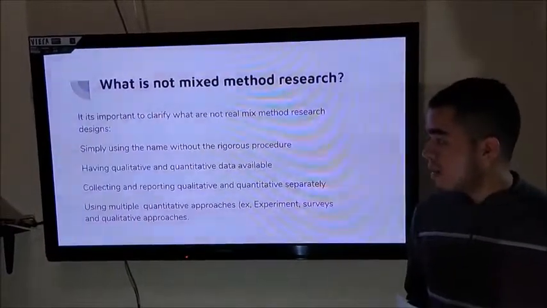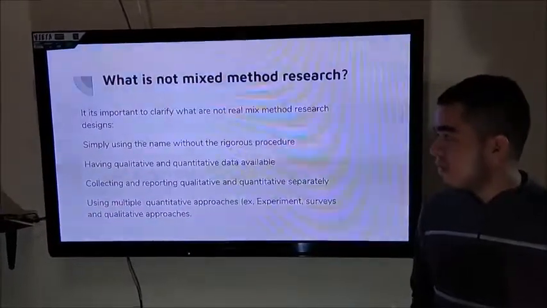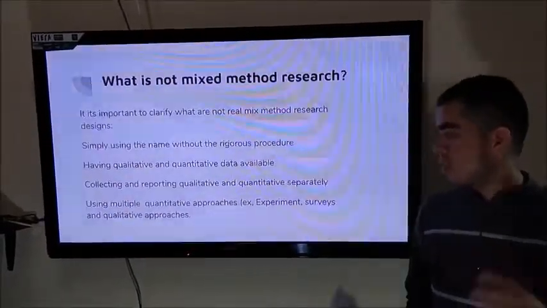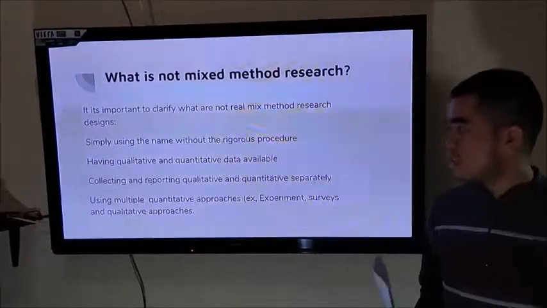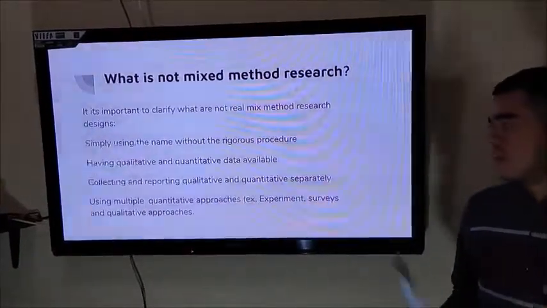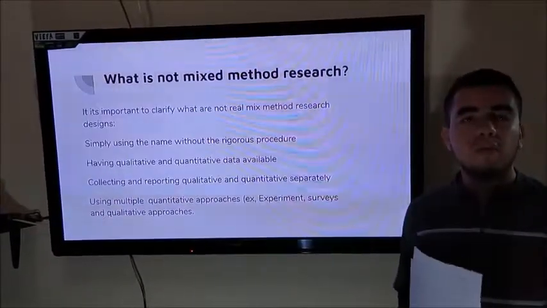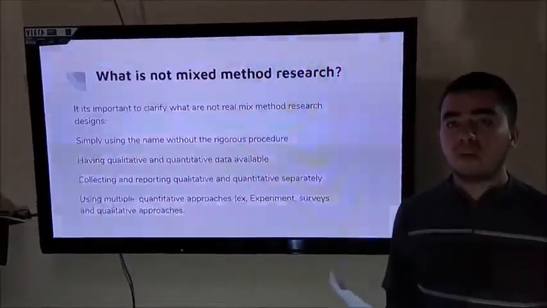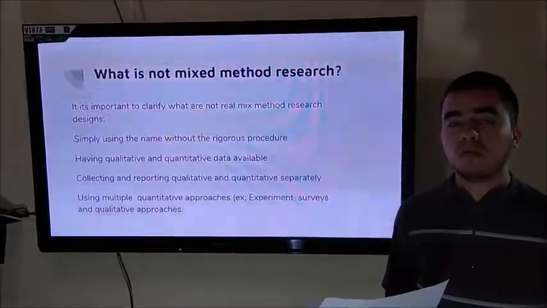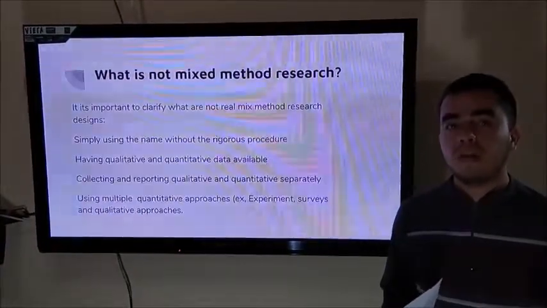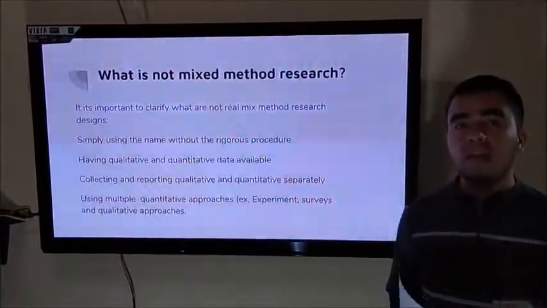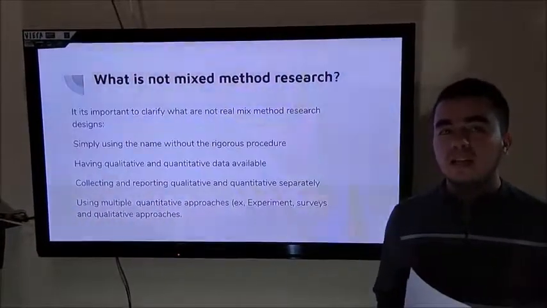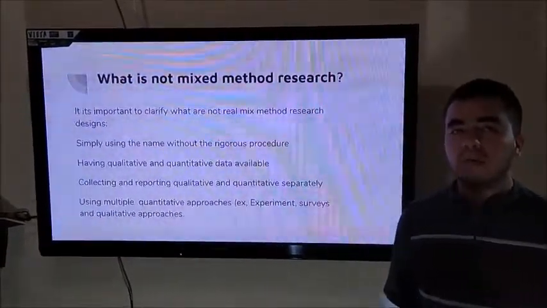Also, collecting and reporting qualitative and quantitative data separately and simply having both available is not enough. We can have it, but if we don't know how to use it, or how to increase the scope of the experiment, or how to take advantage by mixing, embedding, or analyzing it, it's not a very good mixed method research design.